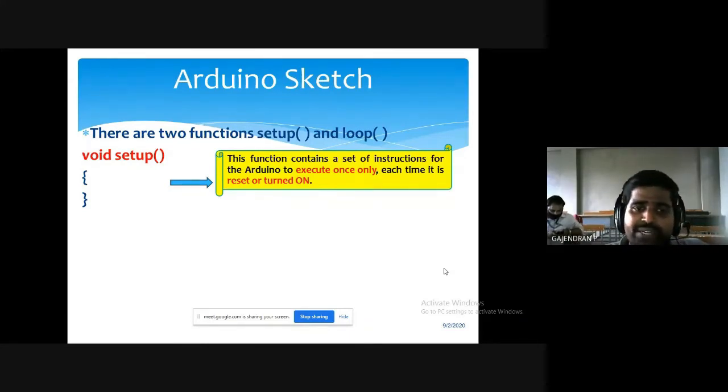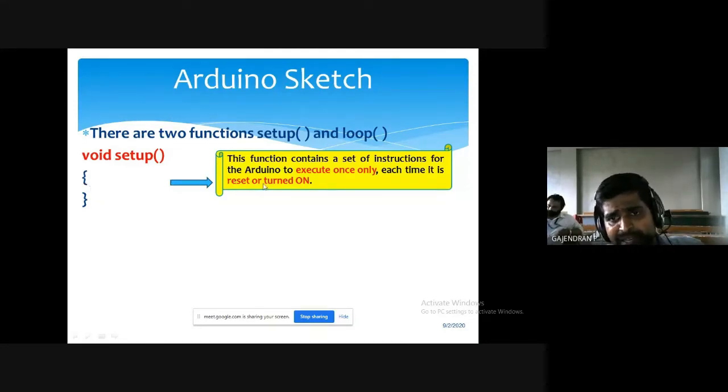If you recollect your microcontroller, before starting the project you declare all the pin numbers: this pin number is for LED, this pin number is for buzzer, isn't it? Likewise, you have to declare the function of your pins. So those items you need to type in this void setup function.